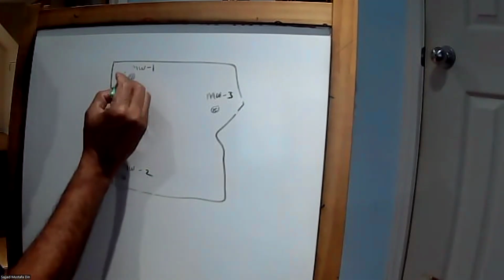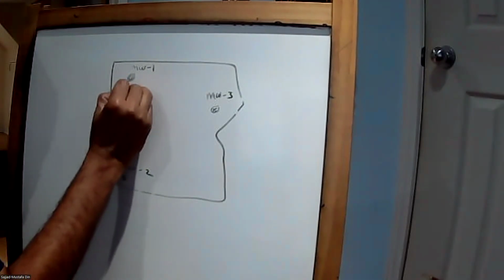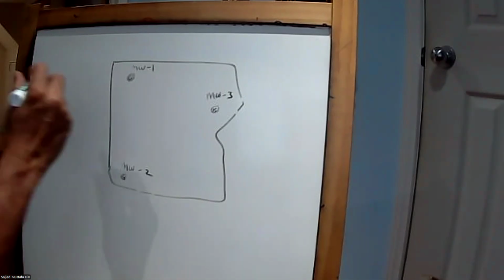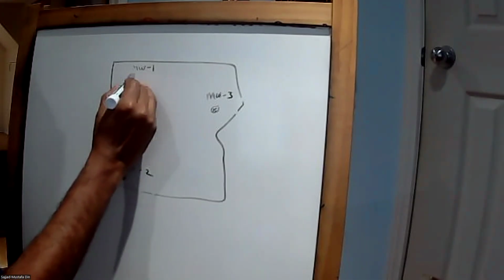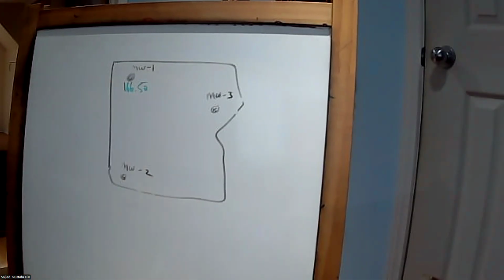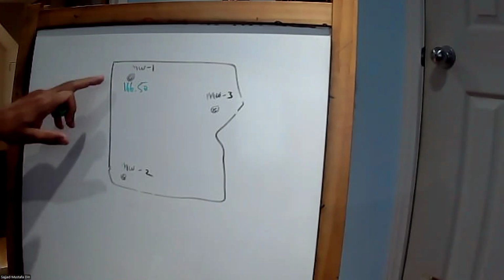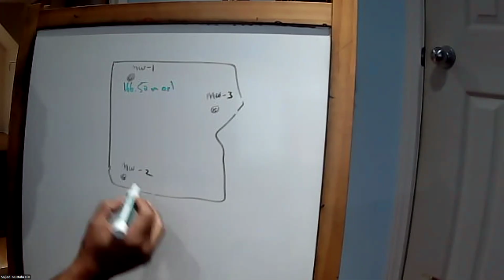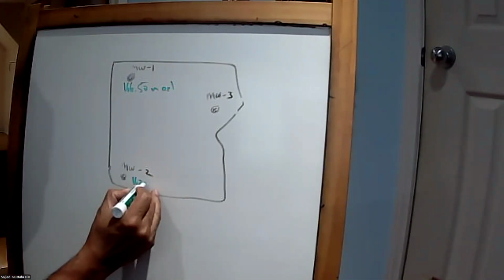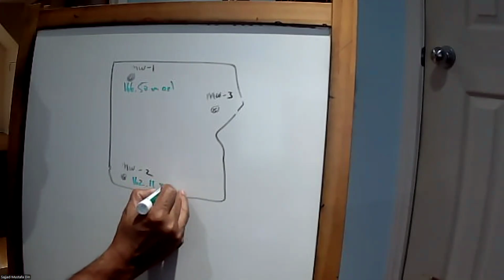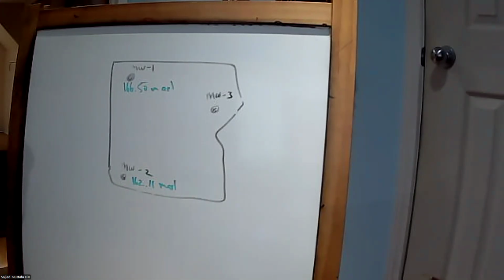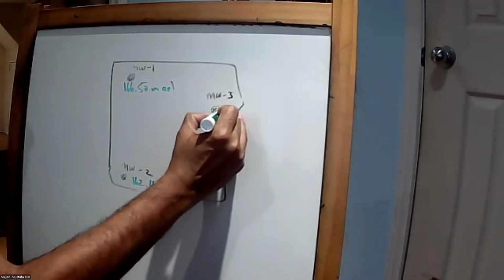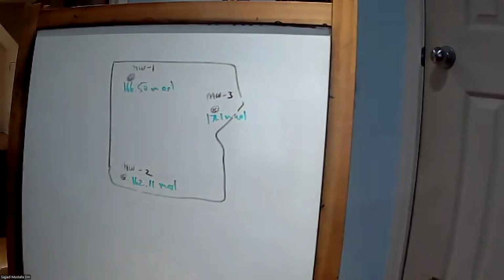Let's say the elevation of the ground surface here is 166.50 meters above sea level. The elevation here is 162.11 meters above sea level. And the elevation here is 171.1 meters above sea level.